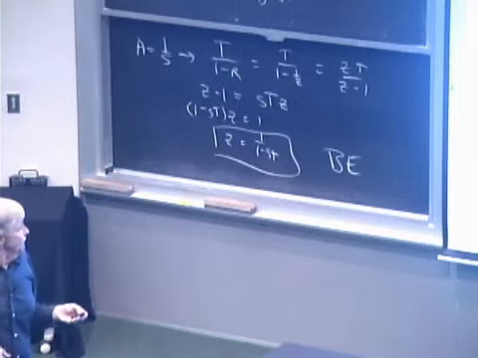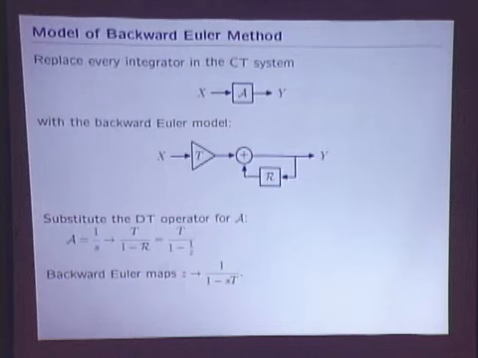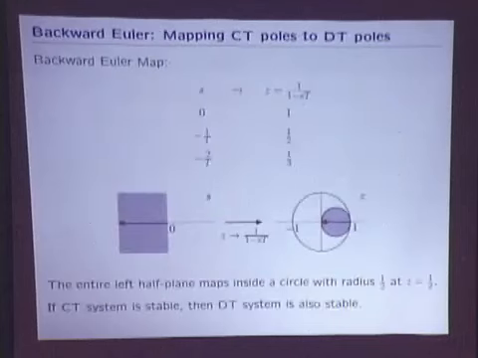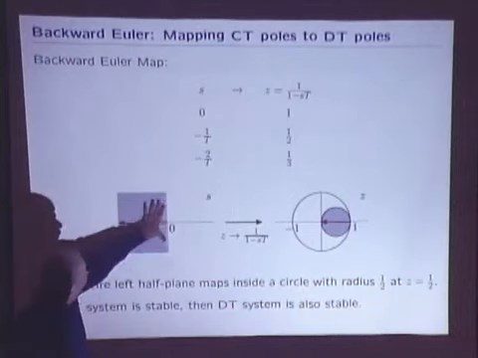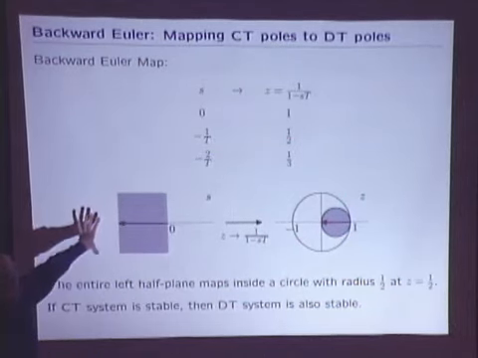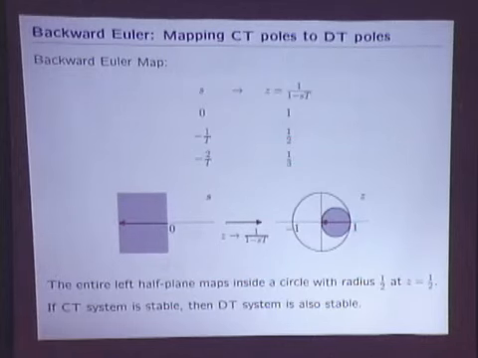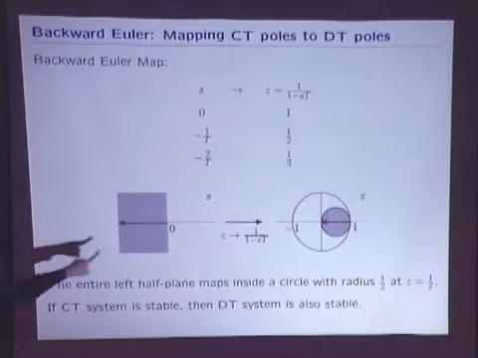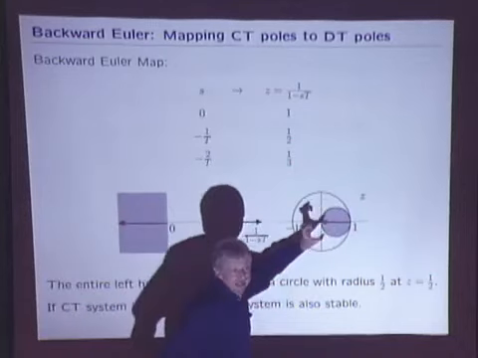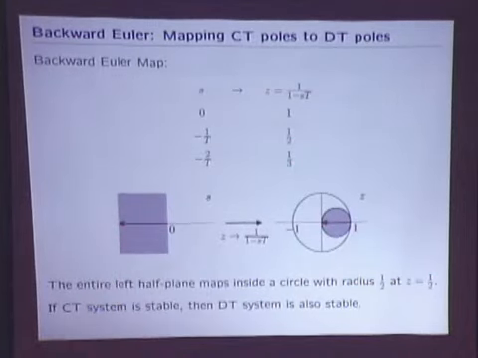And the interesting thing about that relationship is that if you think about the way this works, every point in the left half plane of S, according to this map, ends up inside a little circle in the Z domain.